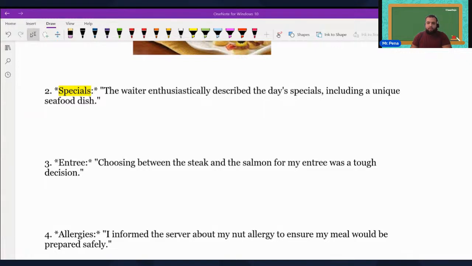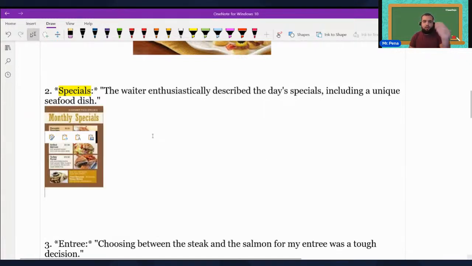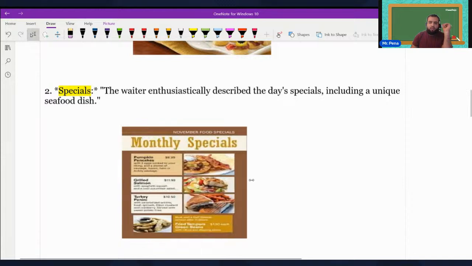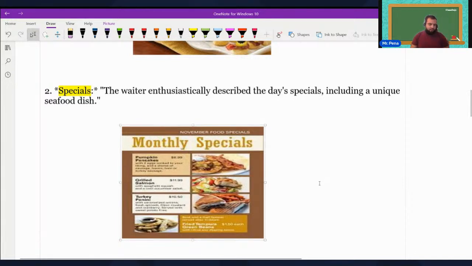Good job. Now, here is an example of specials. It's when a restaurant has very specific foods for very specific occasions or for prices. This is what we call specials.